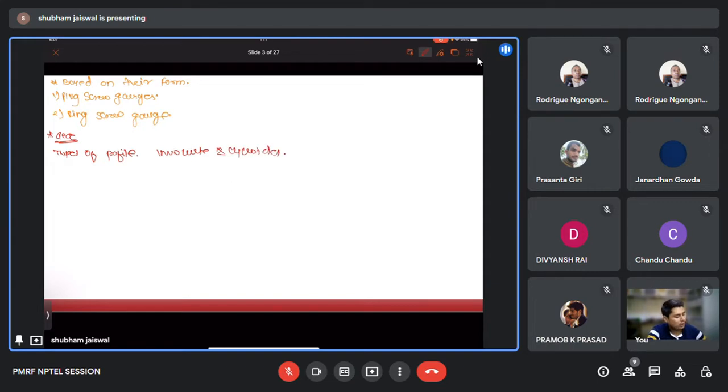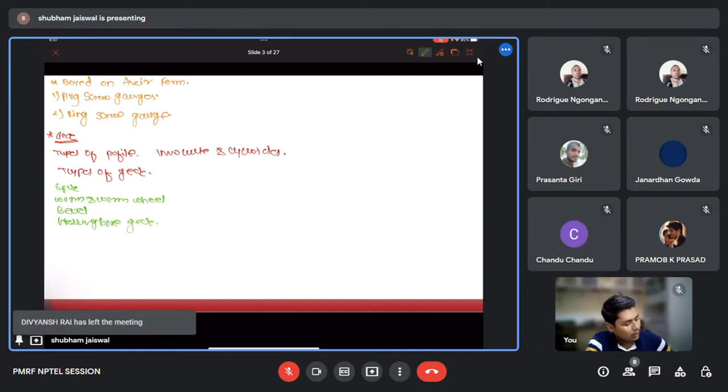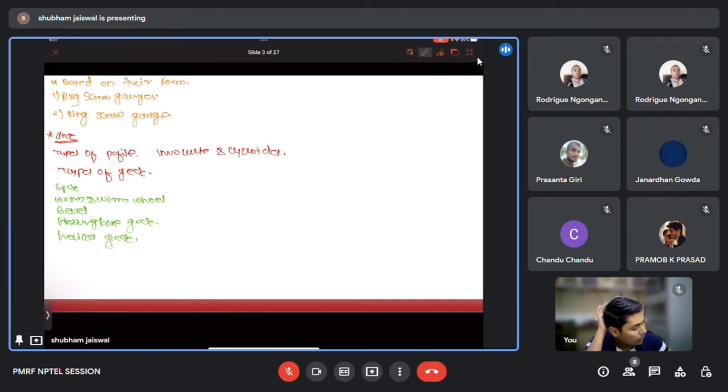Then we have seen the types of gear: spur, worm and worm wheel, then the bevel, and some more gears like herringbone gear and helical gear. These are some of the gears that we have seen.